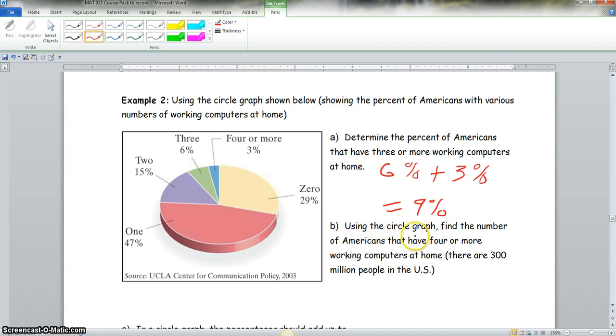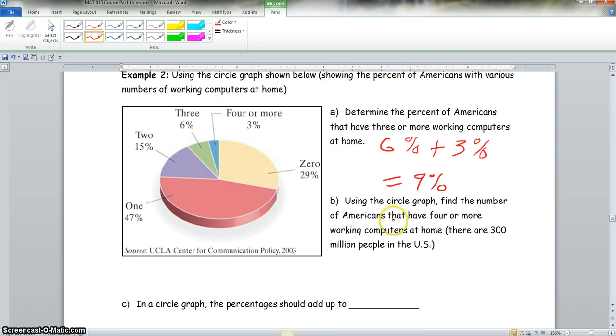It says using the circle graph, find the number of Americans that have 4 or more working computers at home. Now there are 300 million people in the United States. Now they want us to find an actual number. So we would take the percent of 4 or more, and instead of writing 300 million, we could just do 300 times the 3%, which we know is 0.03.